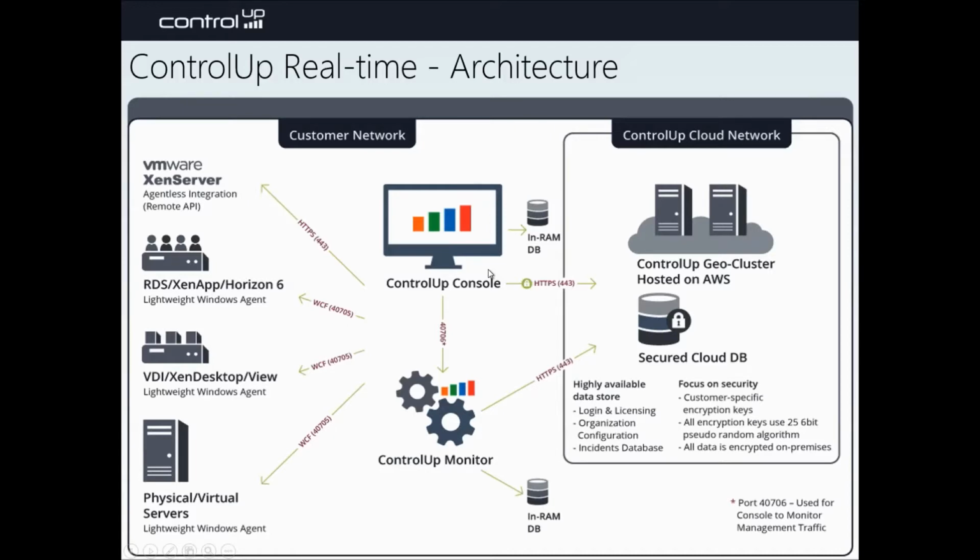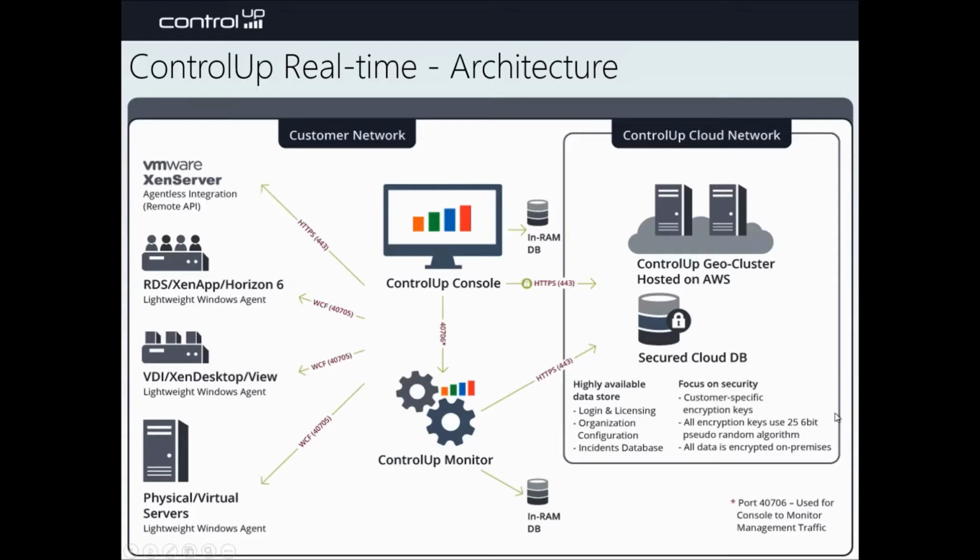The second component you should deploy in your production environment is the ControlUp Monitor service. This is a Windows service which should be running on a dedicated Windows server VM. It's quite similar to the console. It's also using the in-RAM database to store the real-time data. The main difference is that this is a Windows service running 24/7 in the background.